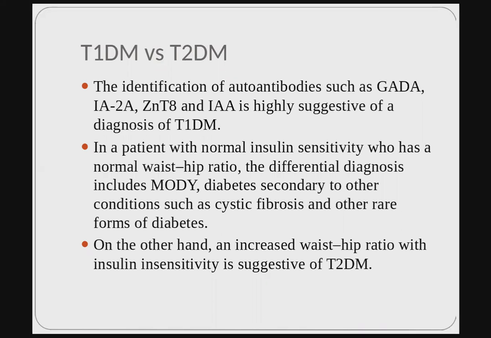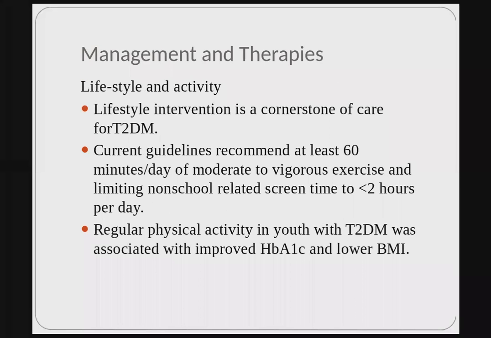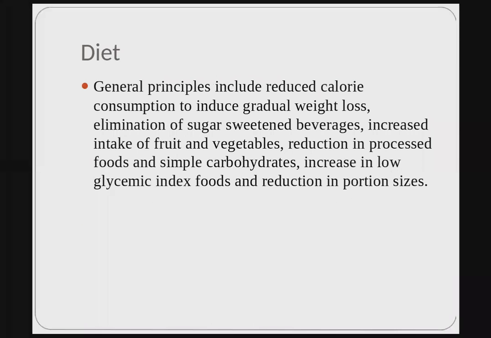Regular physical activity in youth with type 2 diabetes mellitus has been associated with improved HbA1c. It helps to lower body mass index and also improves cardiovascular dynamics in such persons. So key to management in type 2 diabetes mellitus is lifestyle and activity.